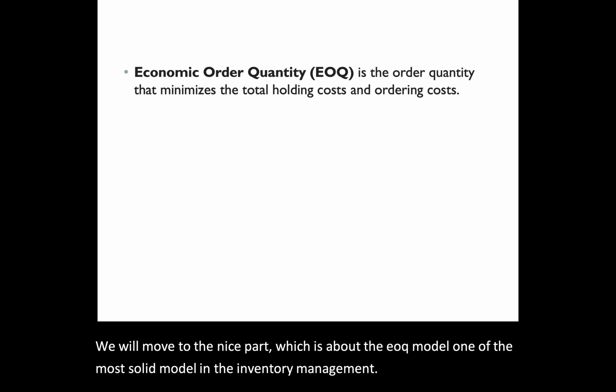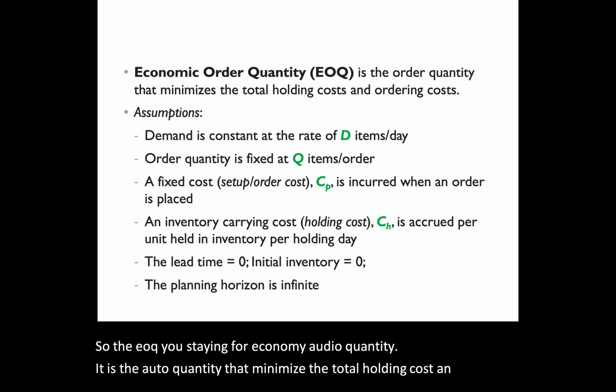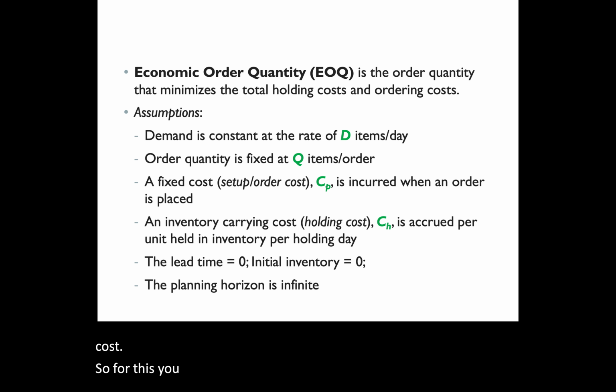So the EOQ stands for economic order quantity. It is the order quantity that minimizes the total holding cost and ordering cost. So for this EOQ model, we will have several primary assumptions.